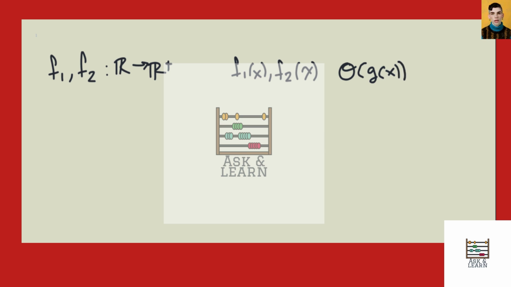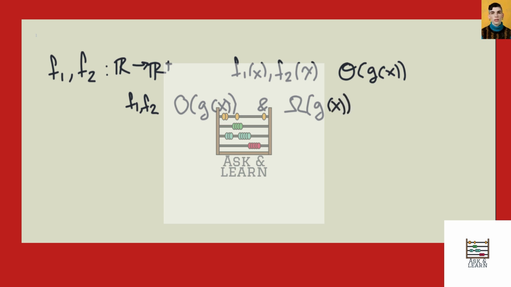All right, so by definition of big theta, this means that both f1 and f2 are big O of g, and they are also big omega of g.